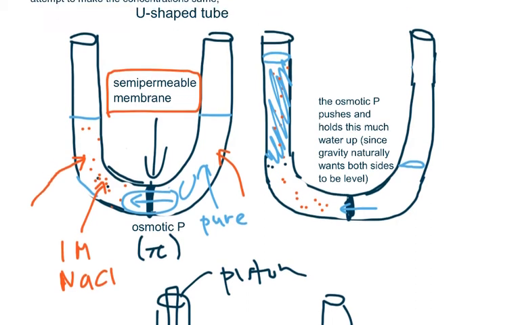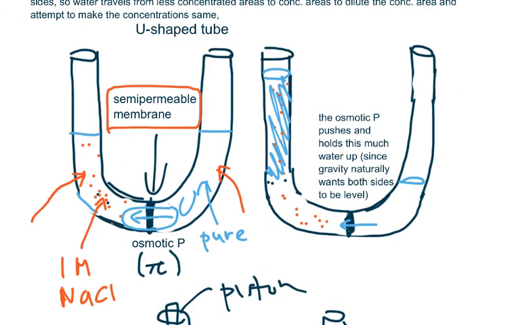So what will happen is that there will be an osmotic pressure represented by pi, and this osmotic pressure will push the water to the left side, and on the right image you can see that the water has been pushed up.